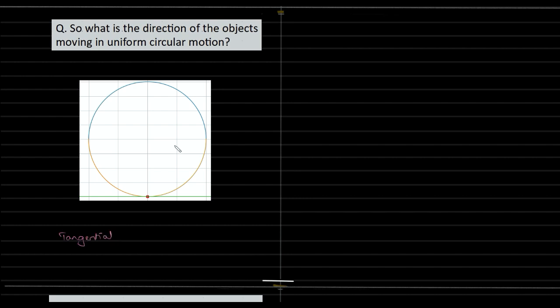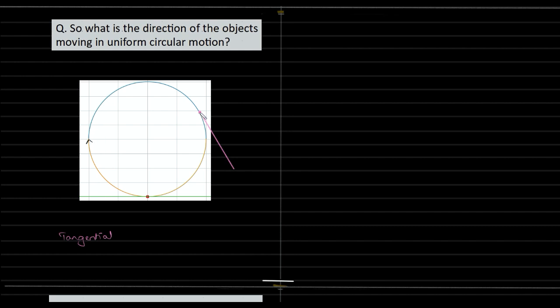What is tangential? See, it's something like this. You take any point, right? And you draw a tangent. This is a tangent. Okay, at this point, for this point, this is a tangent. And say this particular object is moving in a circular path, right? Clockwise.